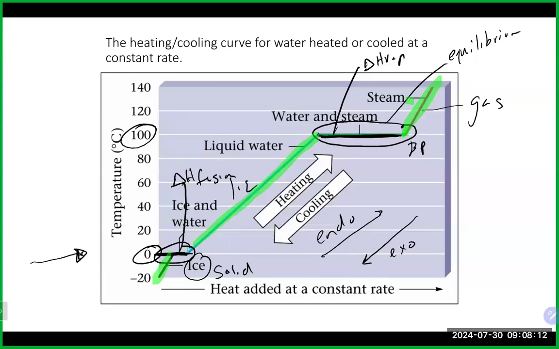Those are all spots where you would use the specific heat equation. Anywhere where it's sort of flatlined is a phase change where you would use delta H of vaporization or delta H of fusion. Any question on that there?